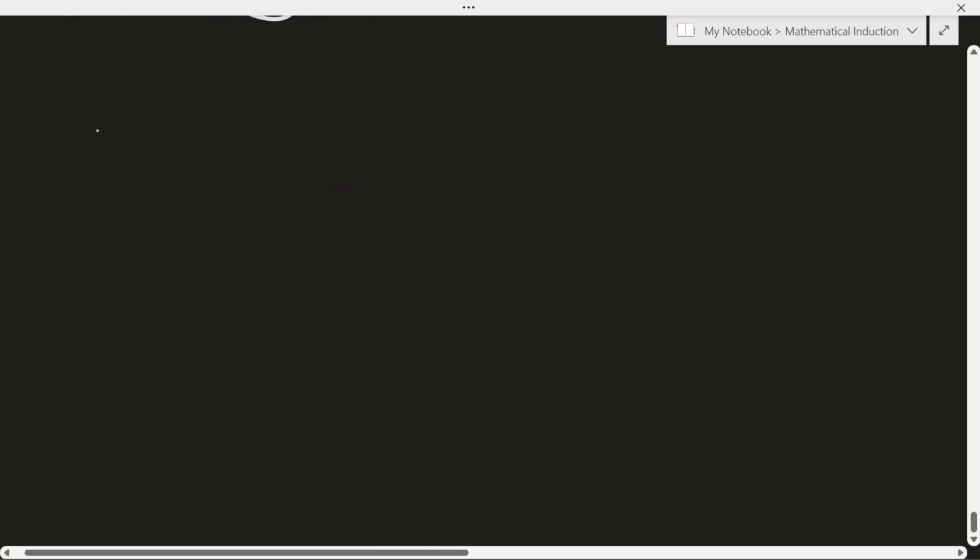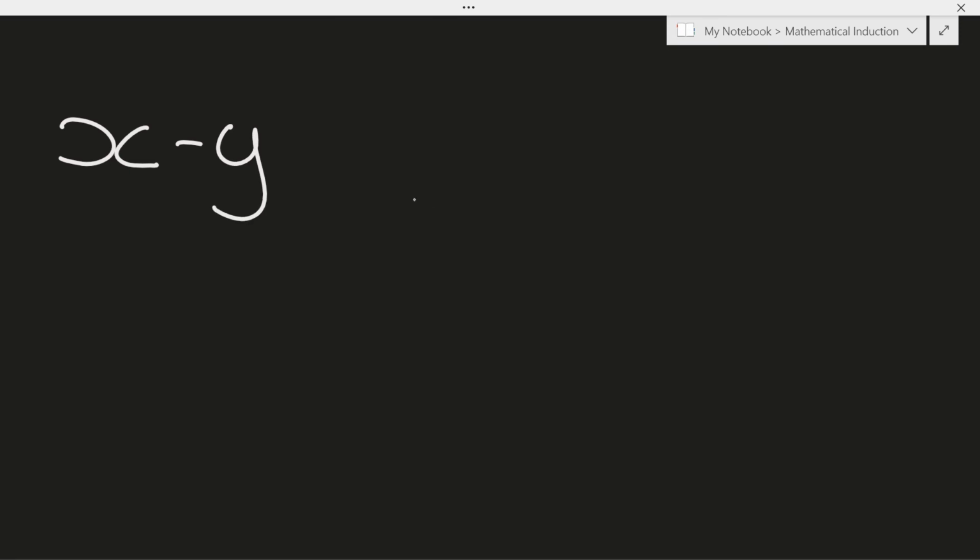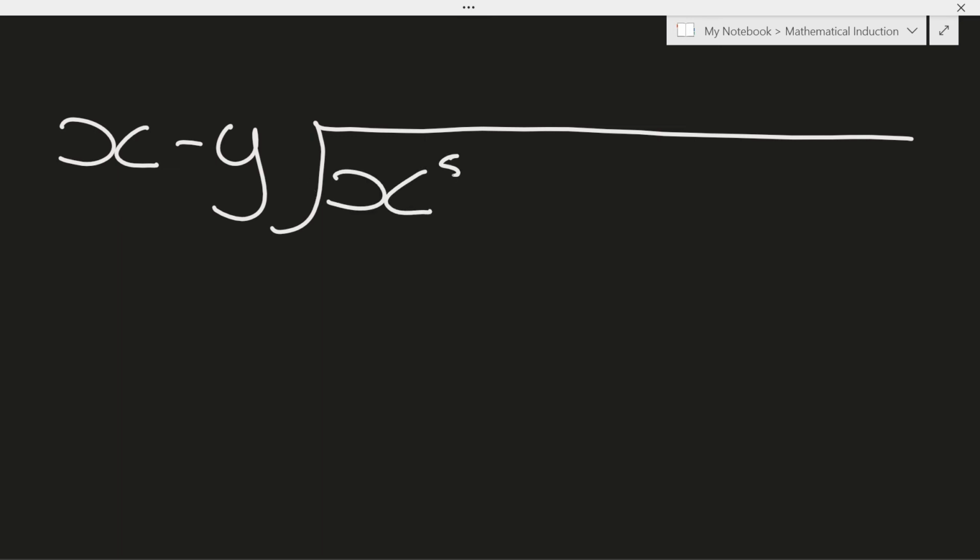So we will have, I'll write this one neatly because this is going to be a big one, x minus y, and then we have x to the power of 5. I will show you this. This is actually Pascal's triangle, so we're just going to work with this one for a second. I'm going to try to see if I can figure out this version.